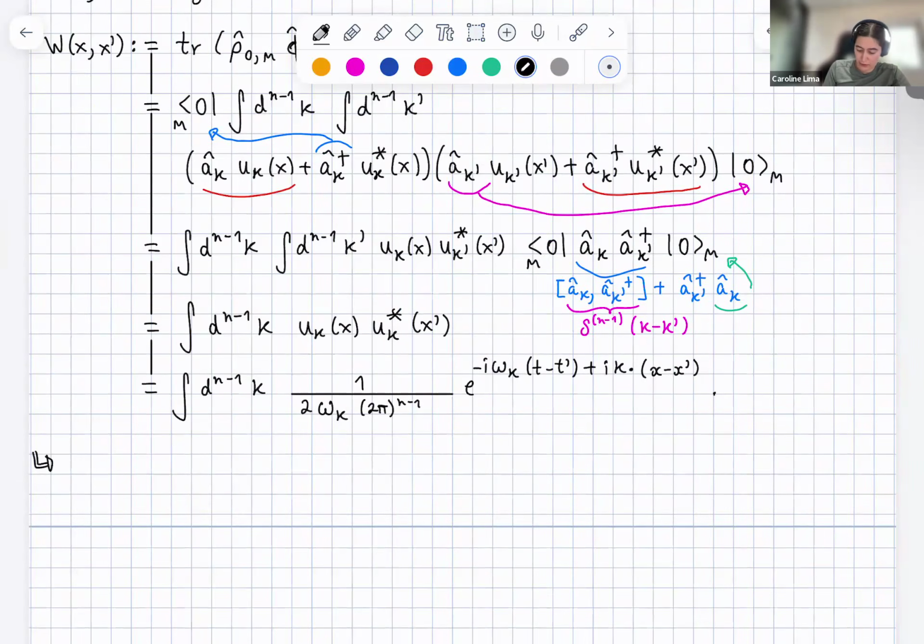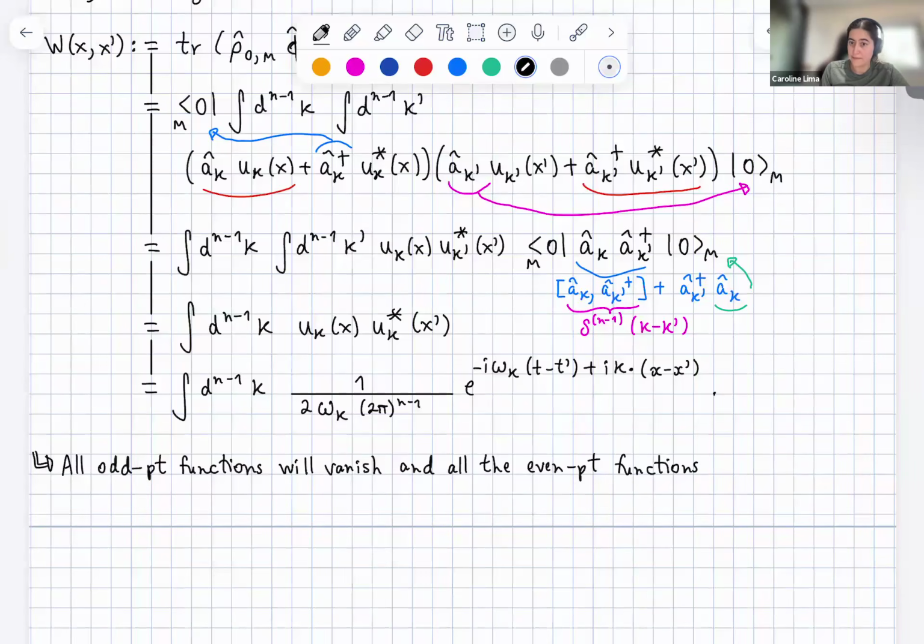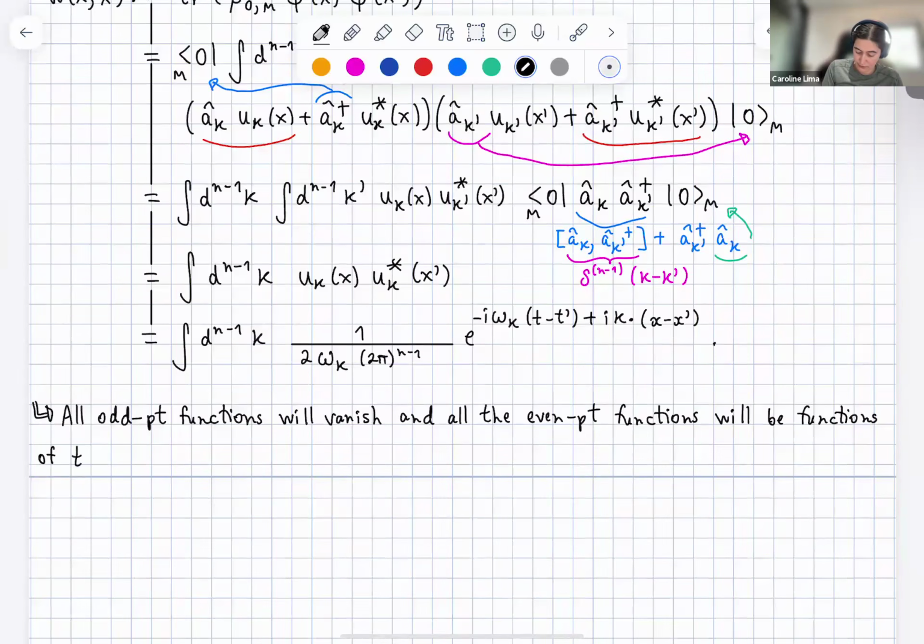If you were to compute, what you would see is that all the odd point functions will vanish, and all the even point functions will be functions of the Wightman, so functions of the 2-point function.